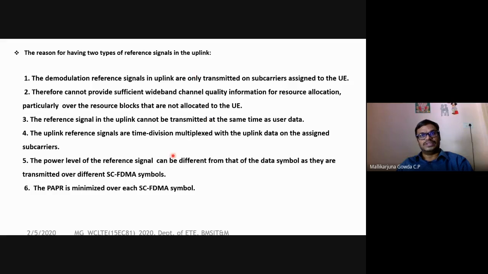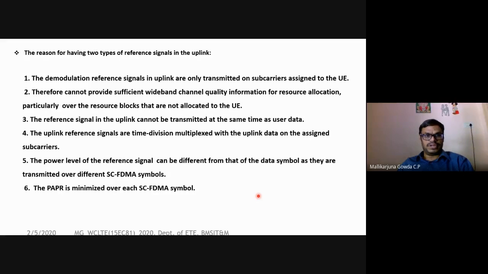So this is the reason why we have two types of reference signals in the uplink: the reference signal and the data are time division multiplexed, so they cannot be transmitted simultaneously. That's why we have two types of reference signals in the uplink.